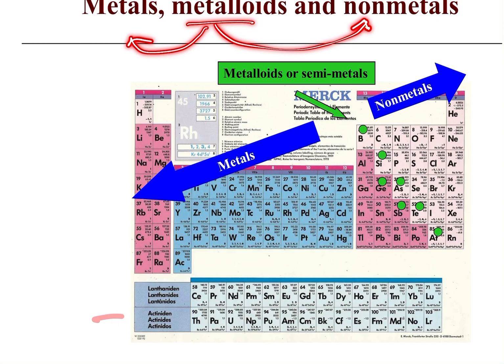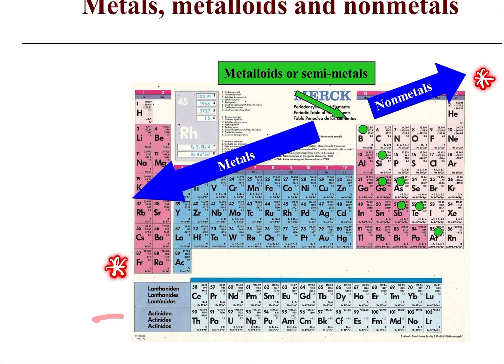The most important thing in the periodic table is that going to the upper right is the most non-metal property, and the lower left is the most metal property. The metalloids are in the middle, starting from boron and silicon, and germanium, arsenic, and these elements are the metalloids or semi-metals. And we can say francium has the highest metal property.